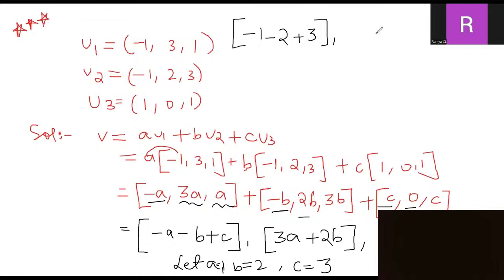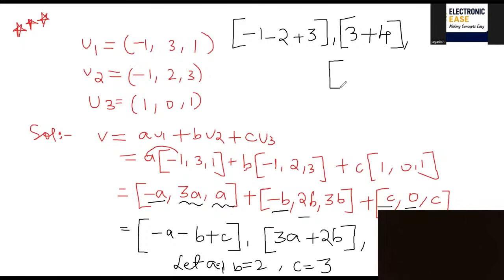Next, Ramya, tell me for the next one. 3 into a, 3 ones are 3. Next, 2 into b is 2 into 2, which is 4.